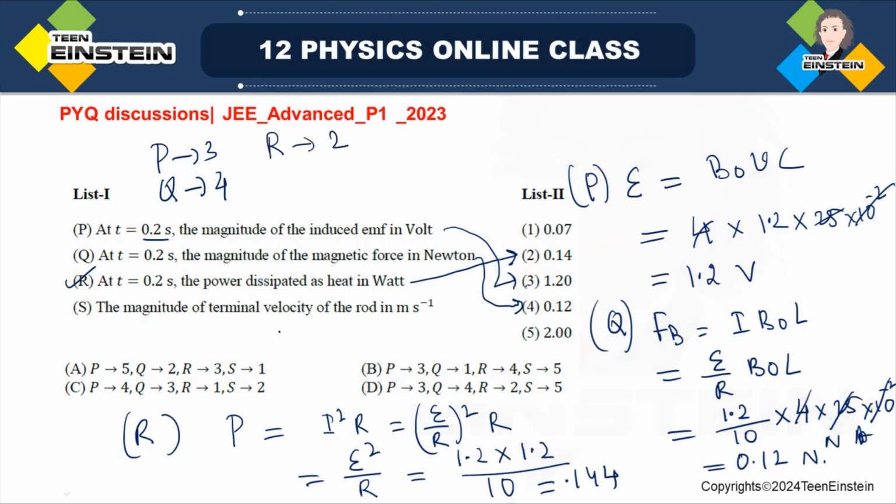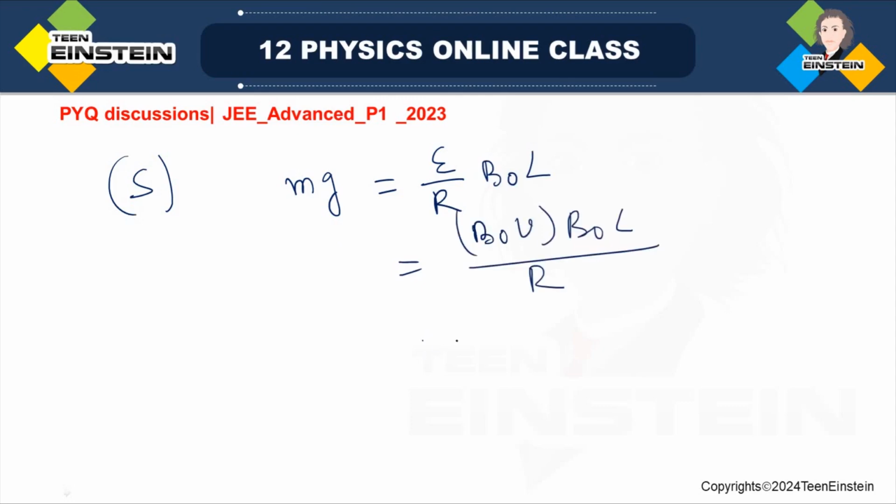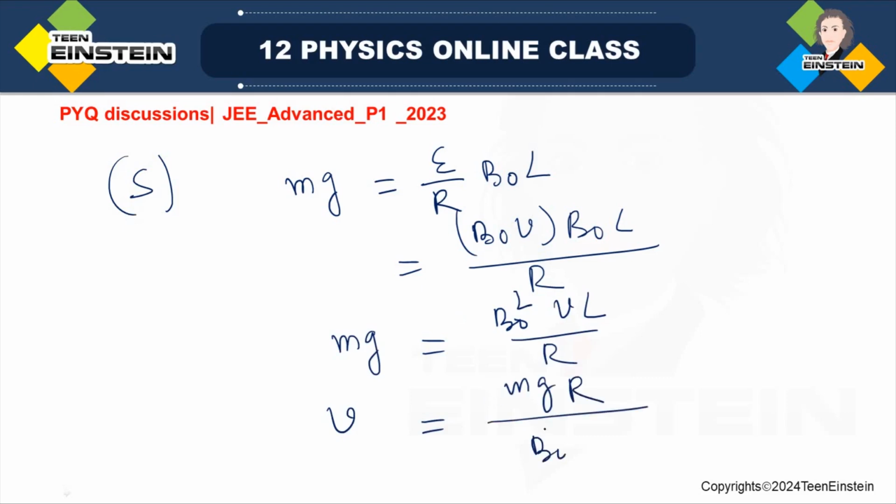Now the last option, that is to find the terminal velocity. We have to write mg is equal to E by R times B L. E again is B0 V L, so it is actually B0 square V L square by R. So V will be mgR divided by B0 square into L square.